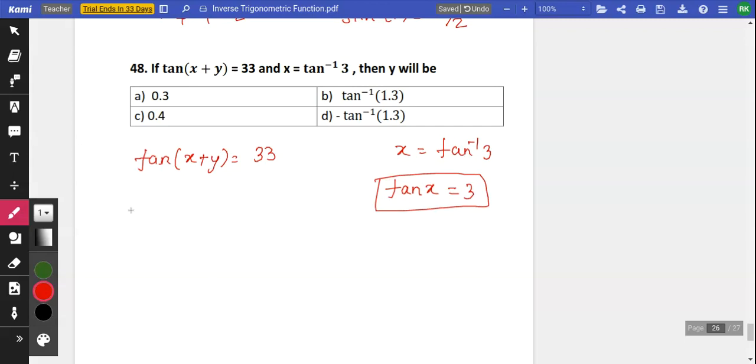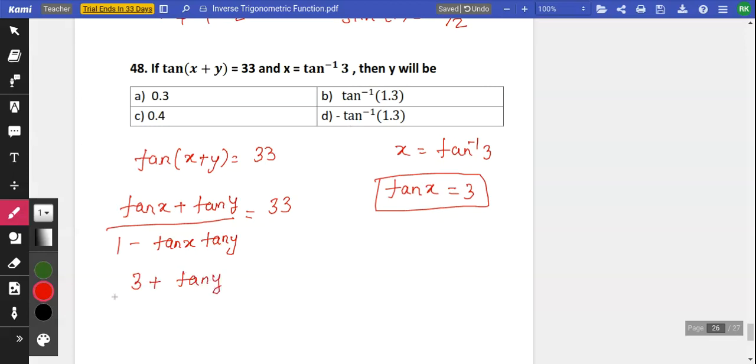Now I apply the formula of tan x plus tan y upon 1 minus tan x tan y, which is equal to 33. Tan x value is 3, so 3 plus tan y upon 1 minus 3 tan y is equal to 33.